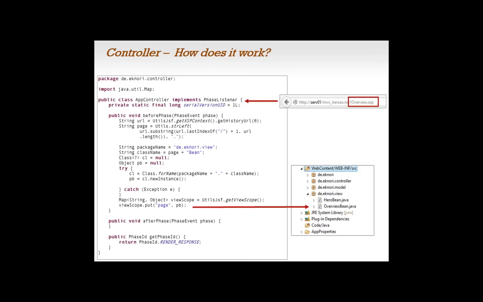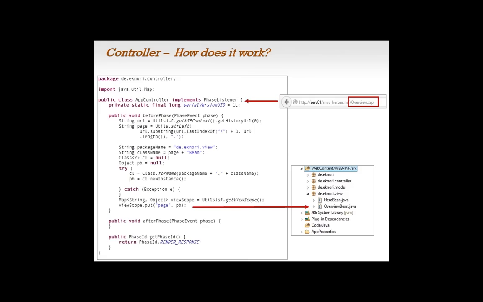So if you want to have another web form in your application with a different name, all you have to do is create the XPage for this additional form, and also in the view package, create another bean with the same name but the bean extension, and this is all you have to do.